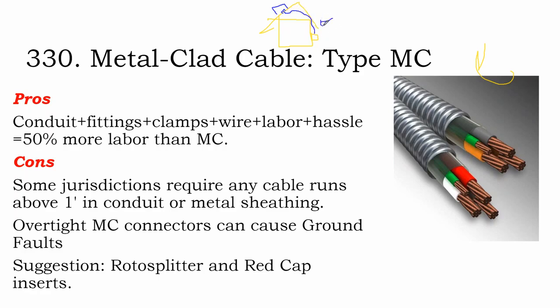At this point, you have to end your MC cable right underneath the soffit so that it's still protected by the weather. If you run your MC cable all the way down to the inverter, the inspector might say, well, that's not rated for that. So what you can do is buy the length of MC cable to go down to the inverter and then just peel off the metal wrapping and transition that into EMT conduit.